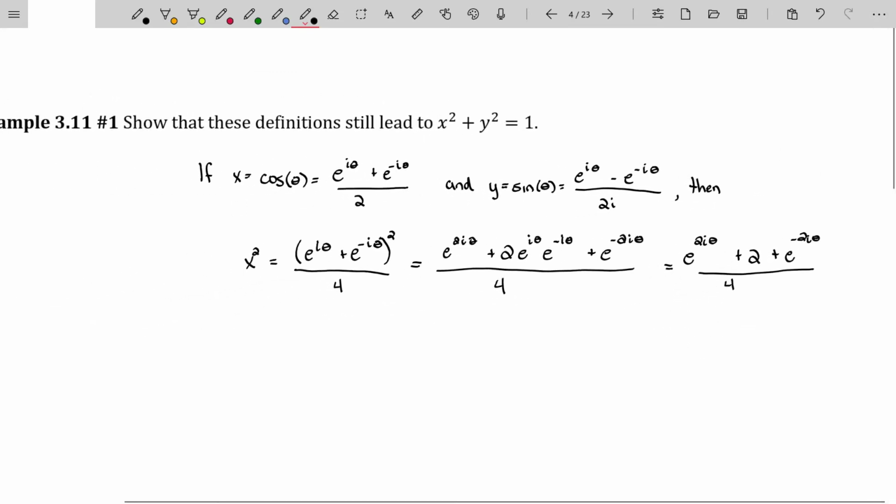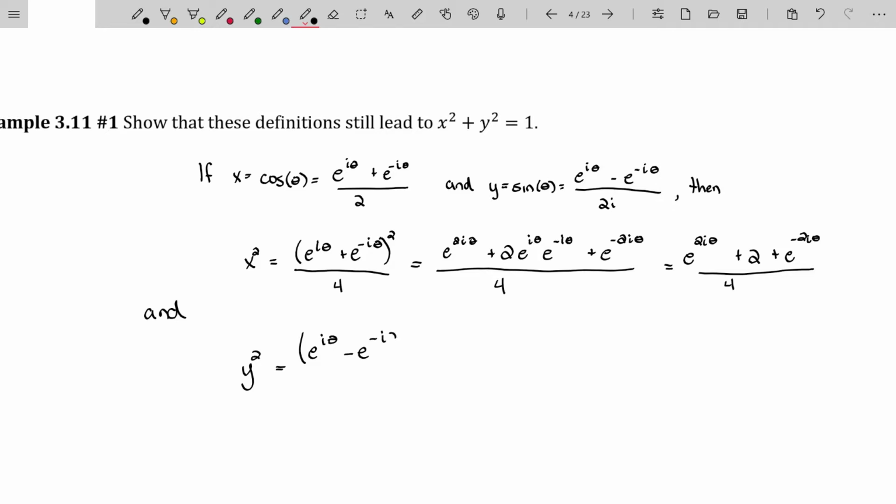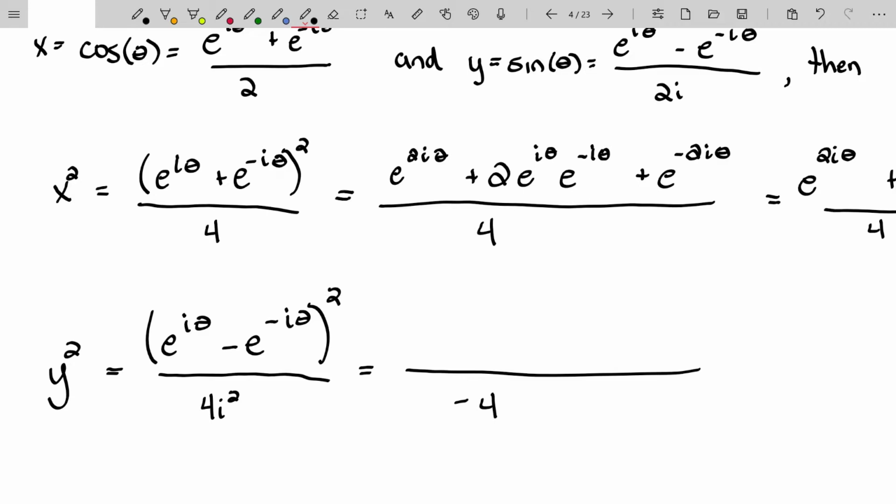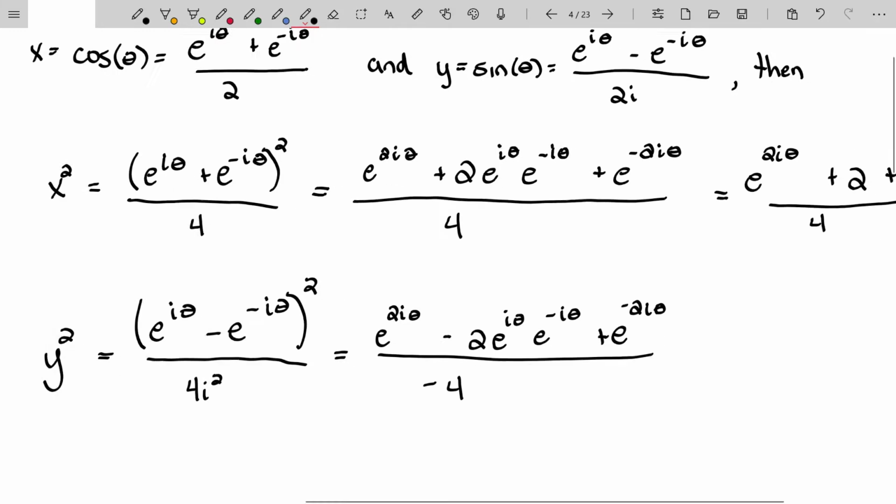Now we're going to go ahead and square y. Again, we get that e to the i theta minus, in this case, e to the negative i theta. That's going to be squared. Downstairs, you get a 2i being squared, which is a 4i squared. i squared we know is a negative 1, so that's negative 4 downstairs. We'll have an e to the positive 2i theta minus 2 times e to the i theta times e to the negative i theta, and then finally, plus e to the negative 2i theta.